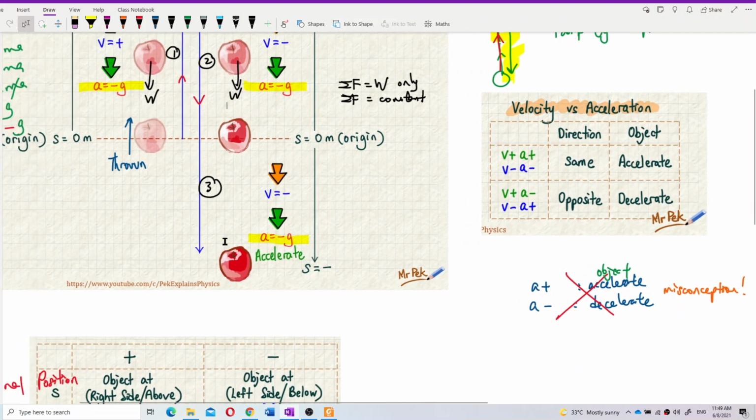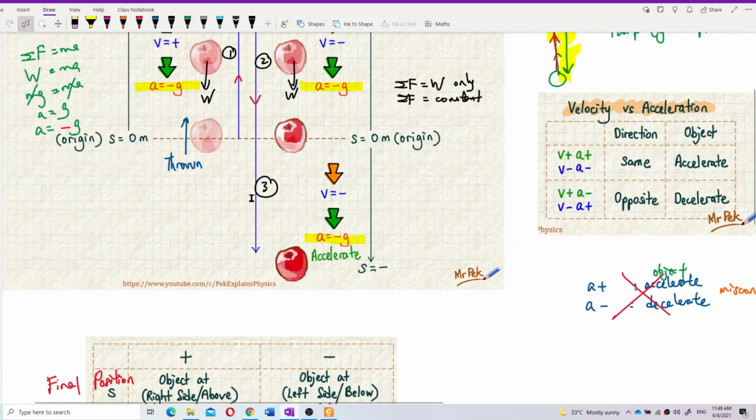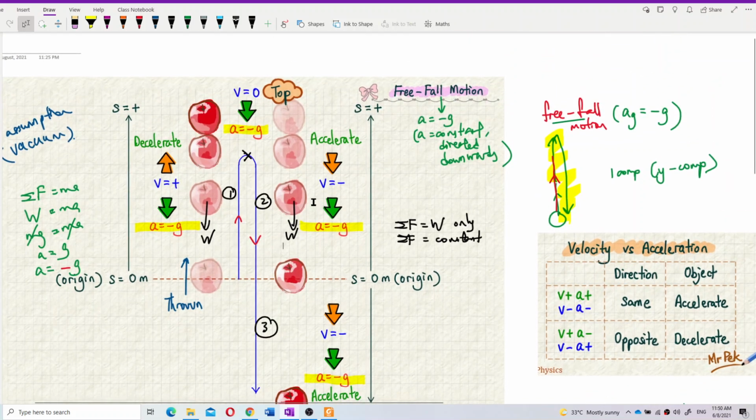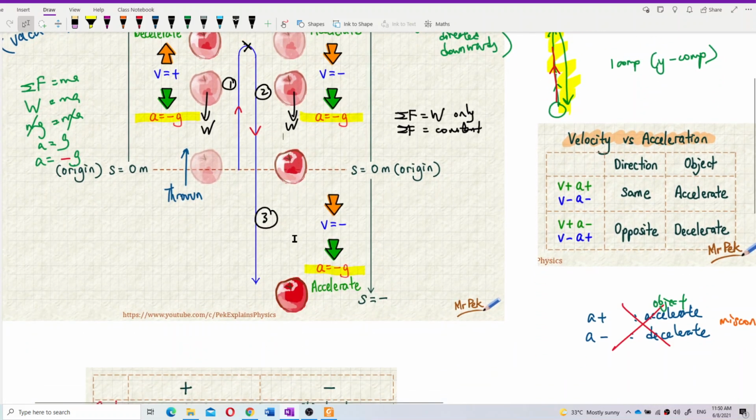Now, look at the third part. This part is actually the same as the part above. You see that? Because this object is also going downward, velocity is downward. Acceleration is also downward because it follows the weight. The weight is downward, so the resultant force is downward. So a is also downward, negative g.